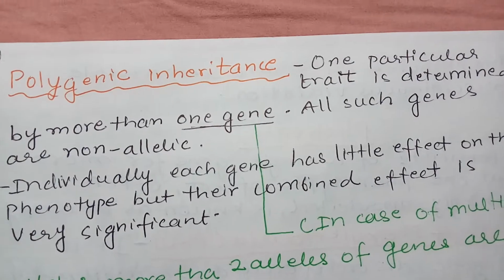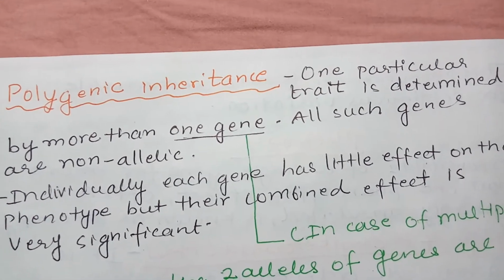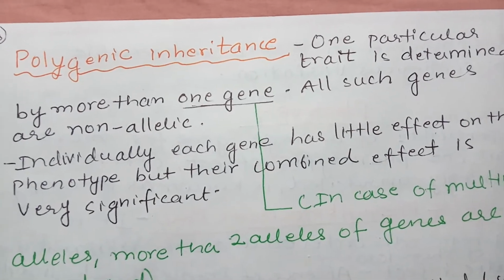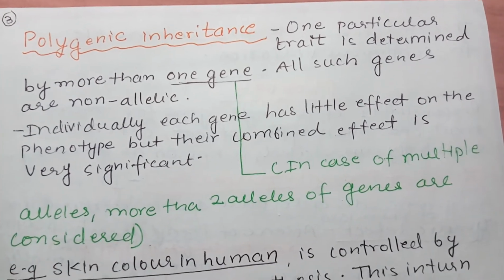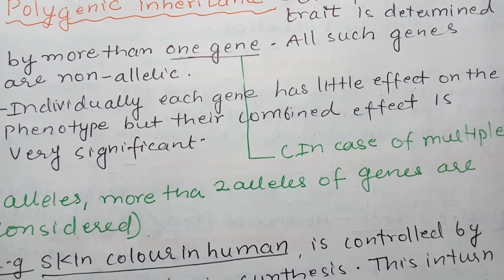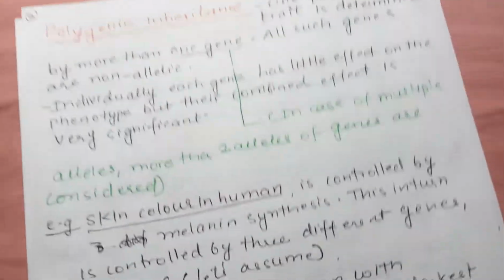Whereas here we are talking about genes, not alleles. So more than one gene controlling a particular character. Individually, each gene has little effect on the phenotype, but their combined effect is very significant.